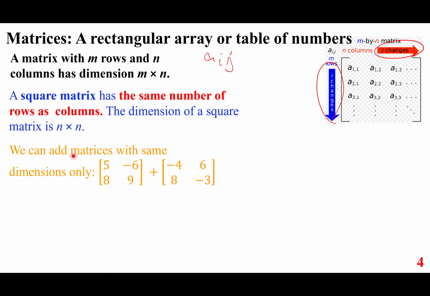We can add matrices with same dimensions only. The dimensions must be identical. So if I'm adding, I add the corresponding locations. Those two, I add them up. And that becomes 1. These two, I add them up.